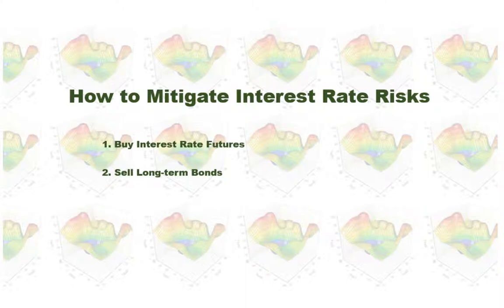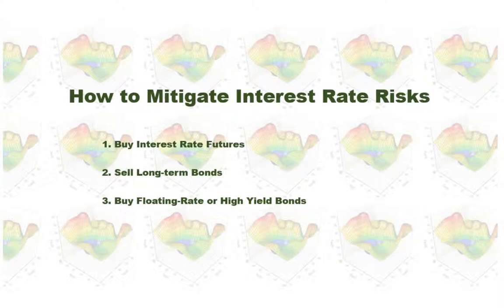2. Sell long-term bonds. Many individual investors hedge against rising interest rates by selling bonds, which tend to see their prices fall as yields rise, particularly in bonds with long maturities and low coupon rates. 3.